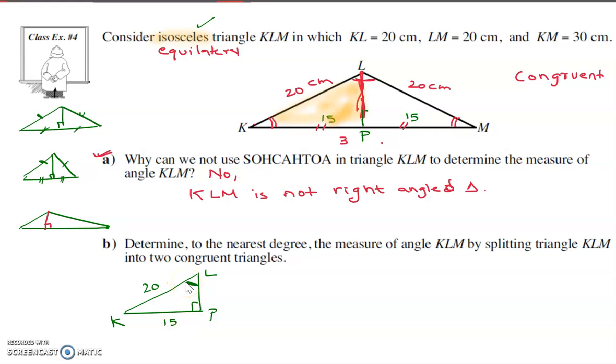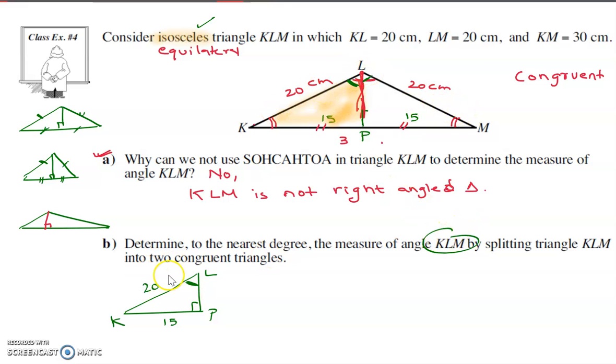I can find this angle. The strategy is to find this angle, and the other angle will be exactly the same. So we can combine them to find what we were looking for, which is angle KLM.